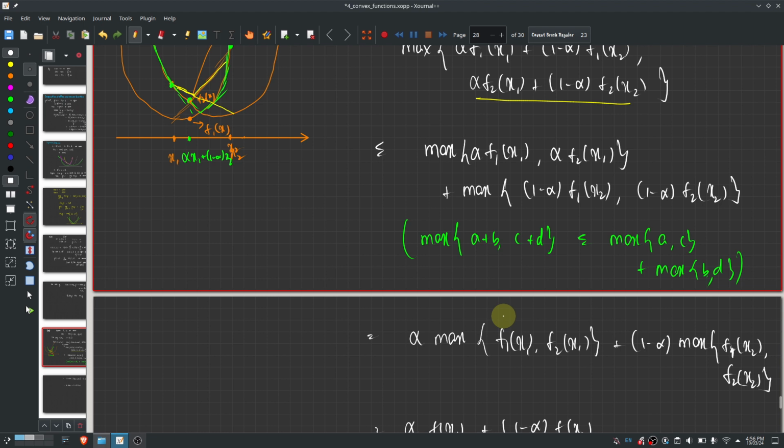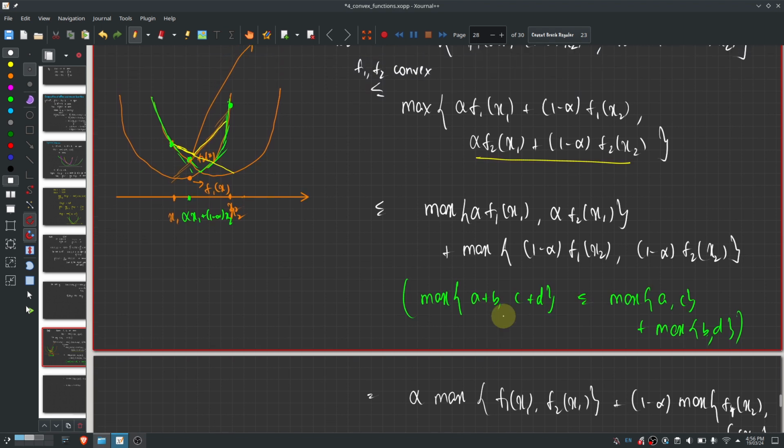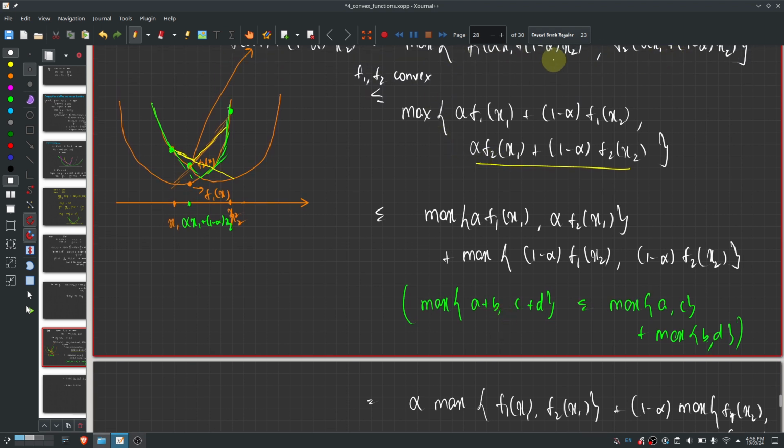Okay, any questions? Again, there are only two main things we used. One, that each of f1 and f2 is convex. And the second is that the maximum of a plus b comma c plus d is less than or equal to the maximum of a comma c plus the maximum of b comma d. Nothing else.